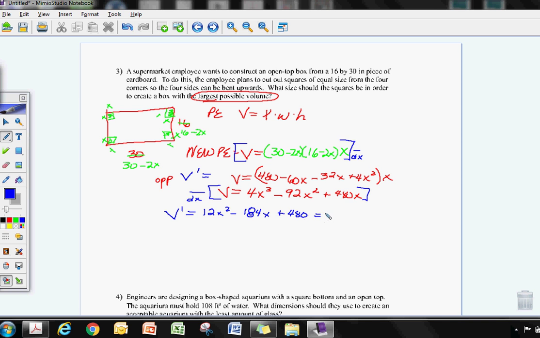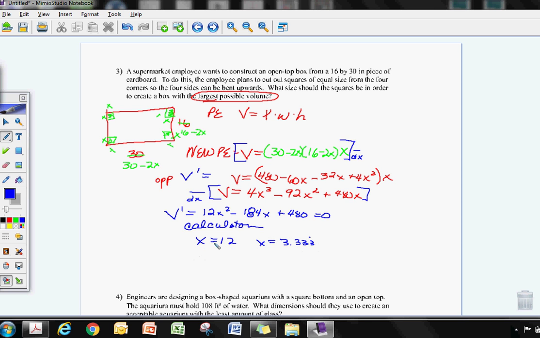I set it equal to 0. I said use a calculator on this, because I'm not going to try to factor that. You guys can if you want. I found that I have an x value of 12, or an x value of 3.333 repeating.